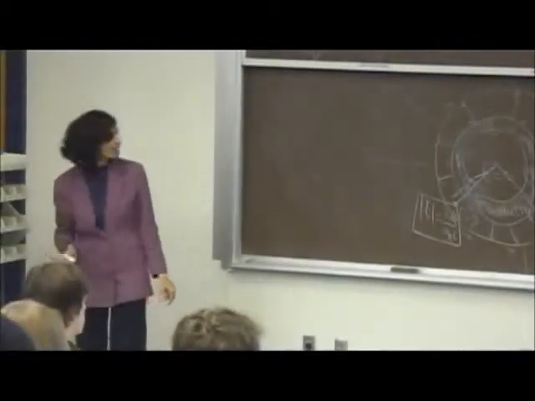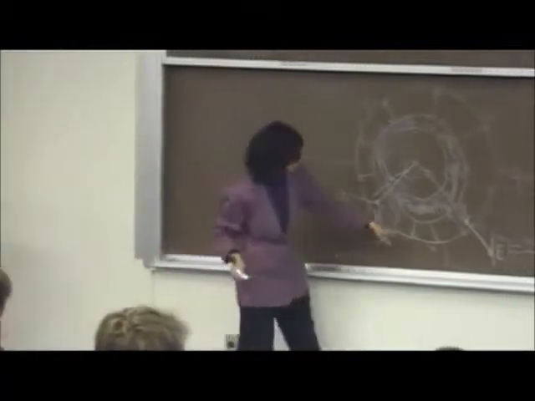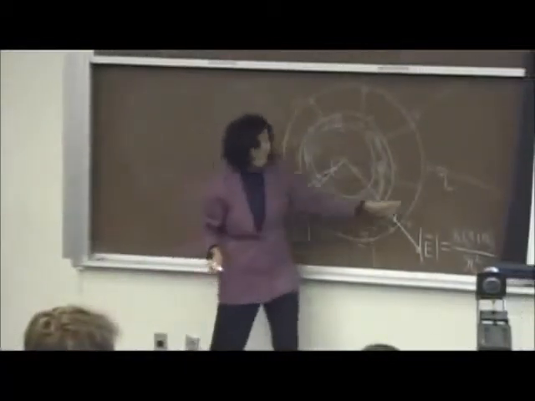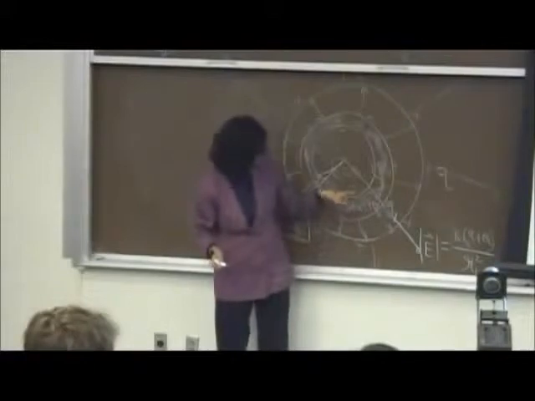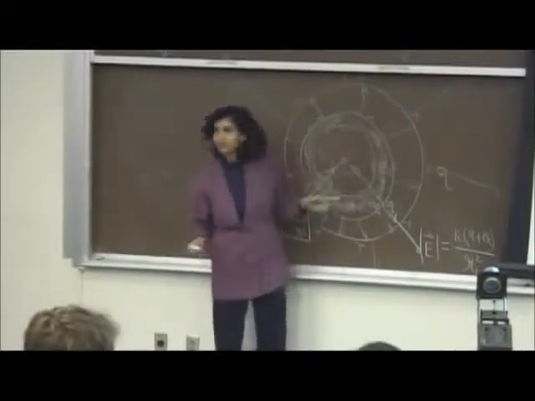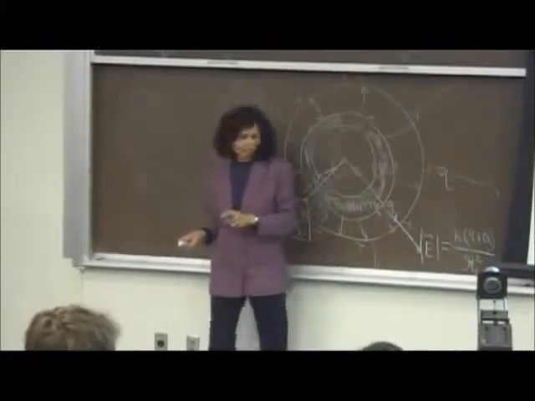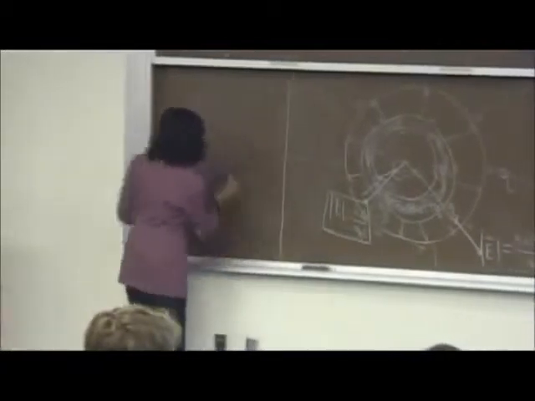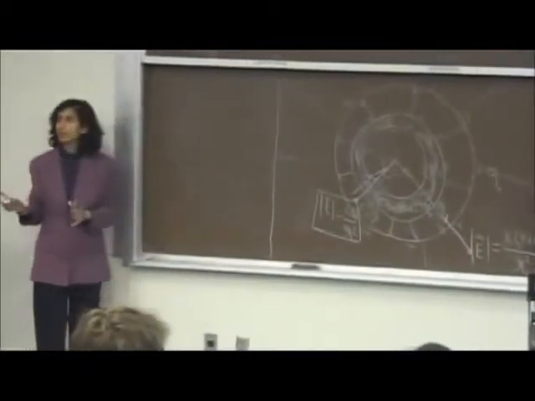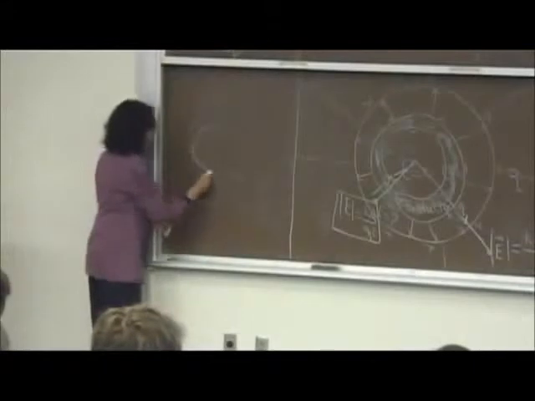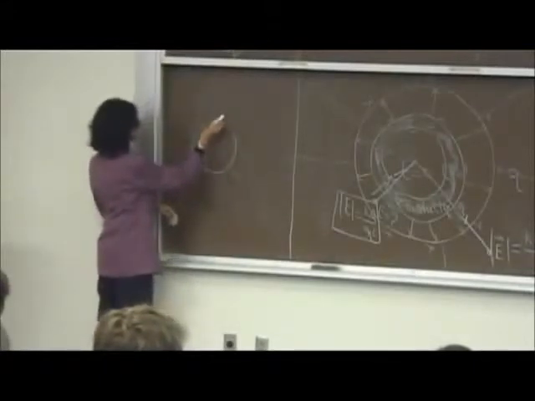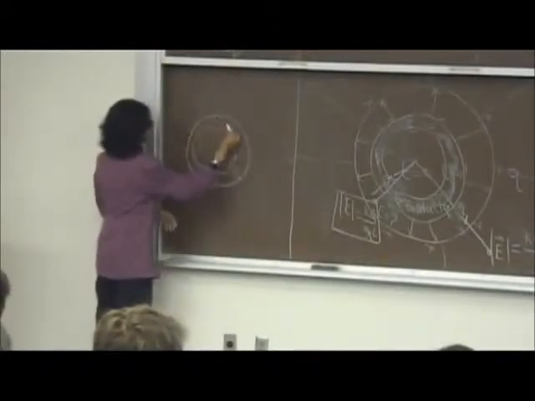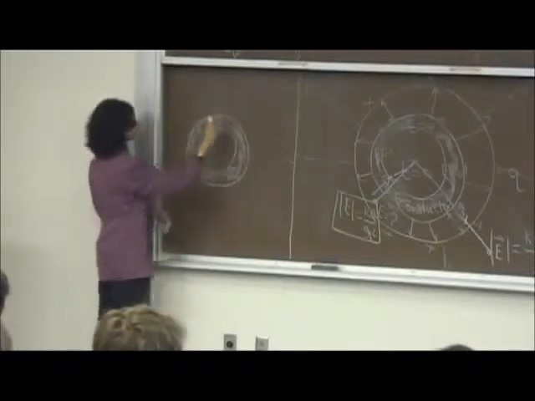Folks, what would have happened if suppose this was not positive, but suppose this was negative and exactly equal in magnitude to this plus Q? Now the question is, and in fact this is a situation that we will encounter a lot later on. Okay, this is my conductor.